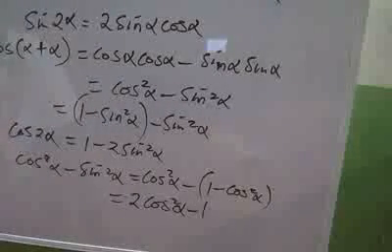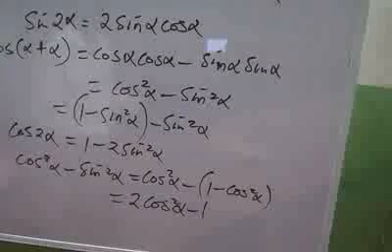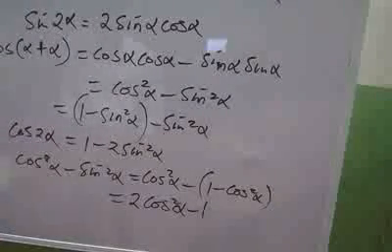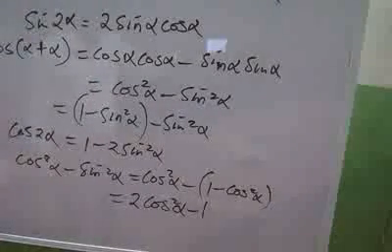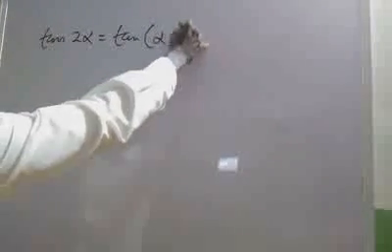Then quickly let's look at tan 2 alpha. Now we have tan 2 alpha. That will be equal to tan alpha plus alpha.